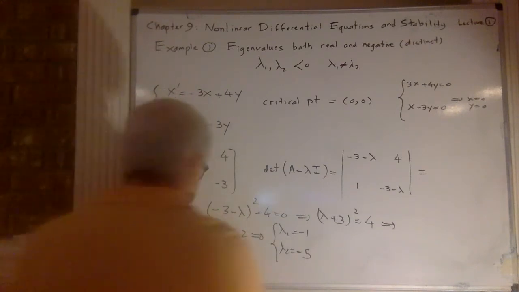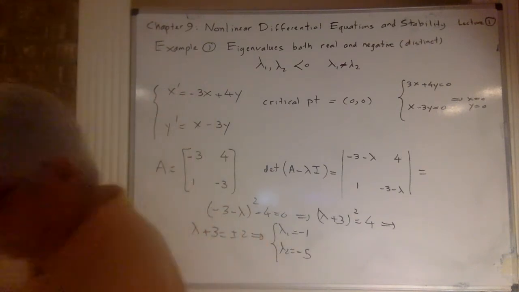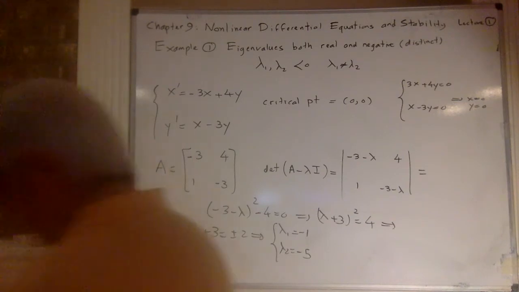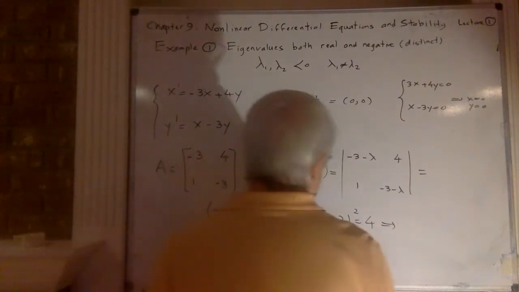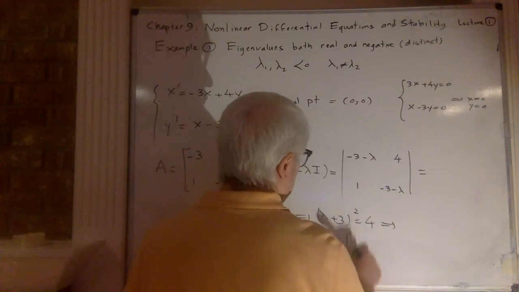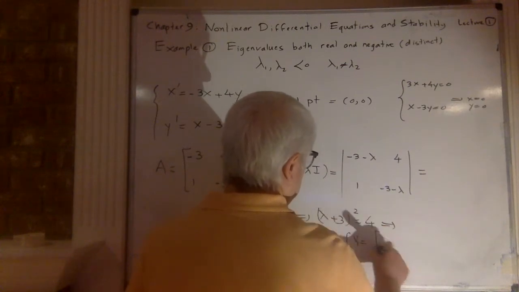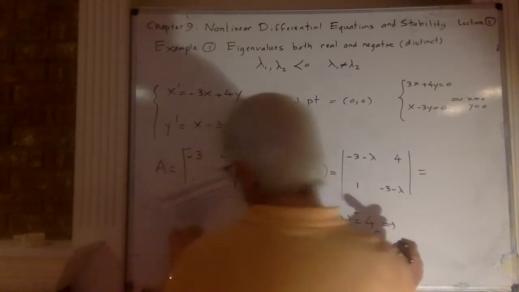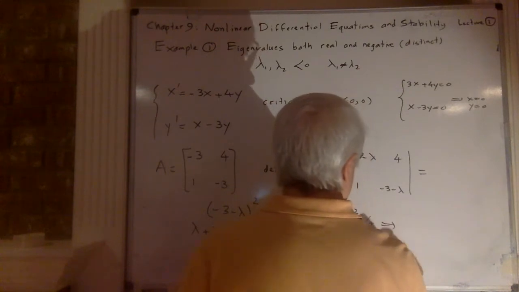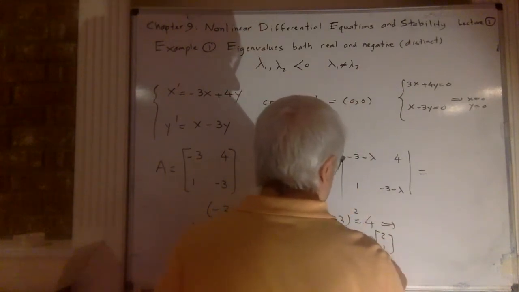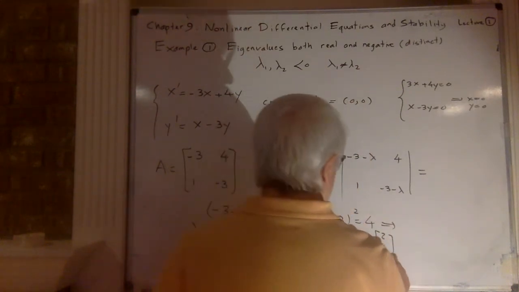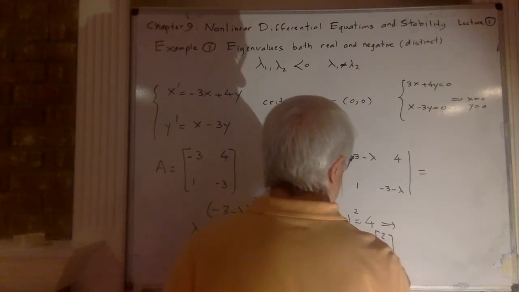Now, I have found the eigenvectors; there's no point in trying to find them again here. This gives me the two eigenvectors. V1 I found to be 2, 1, and V2 I found to be minus 2, 1.